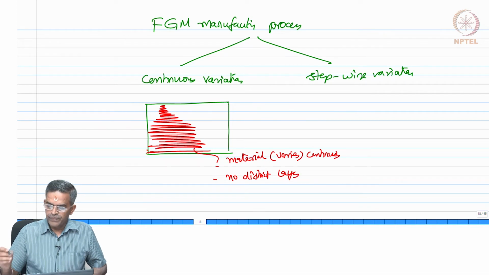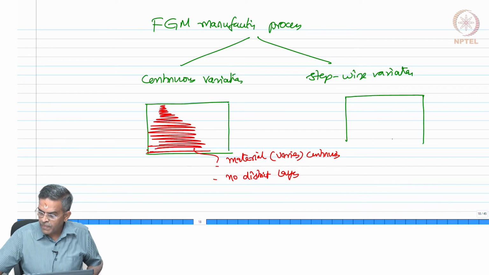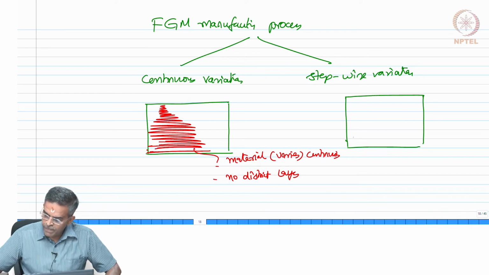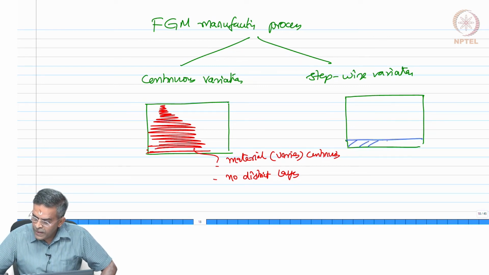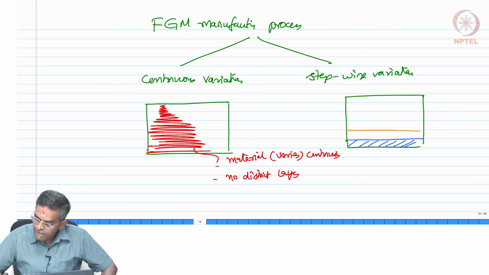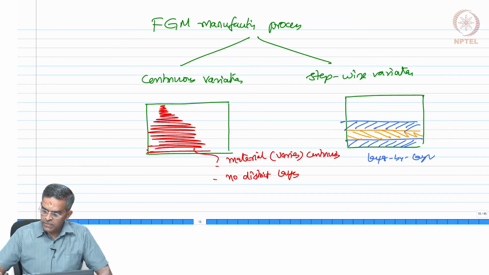layers. The second could be a stepwise variation, where we keep on putting material layer by layer. We are doing it layer by layer, but please note, friends, these layers, these boundaries will be merged.